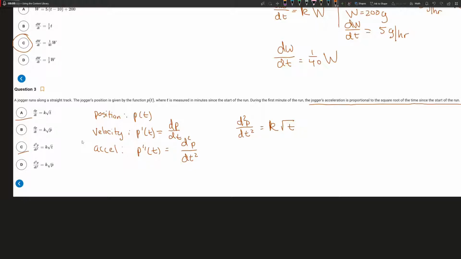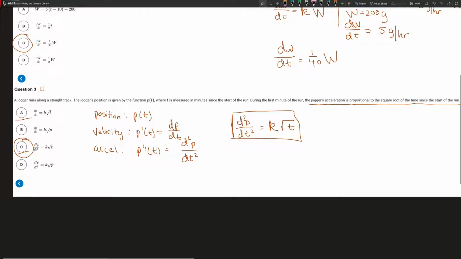So the correct answer is indeed C. A lot of you got this wrong because you didn't take into account that dp/dt is just the velocity of the jogger, but it's in fact the second derivative of the position that gives you the acceleration, and that's why it is answer choice C.